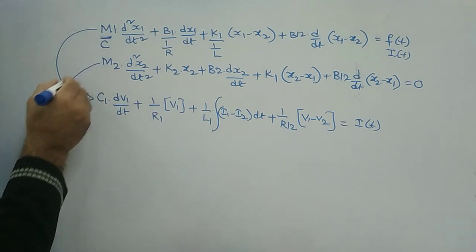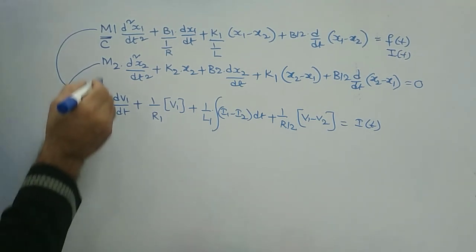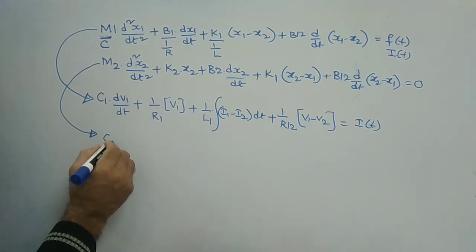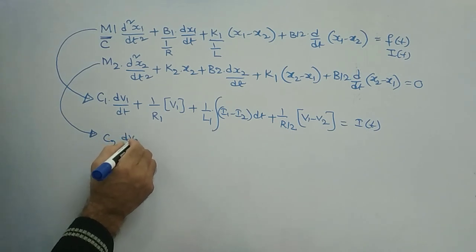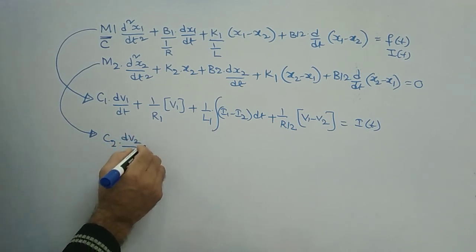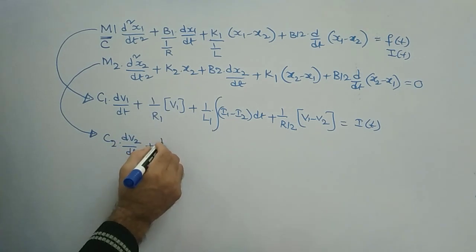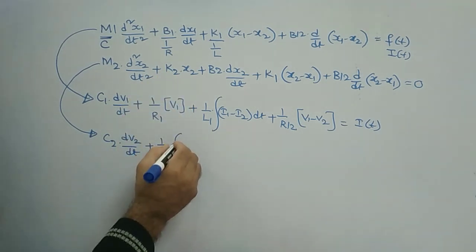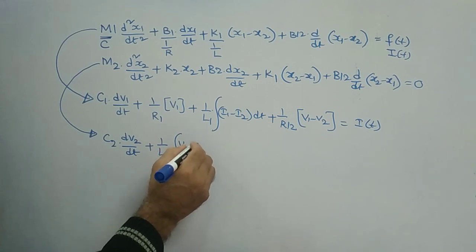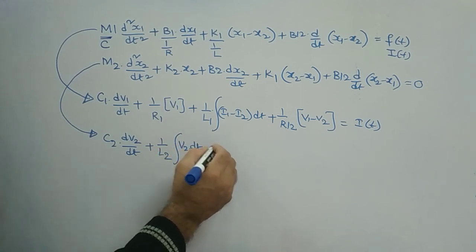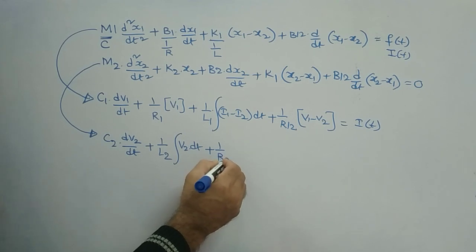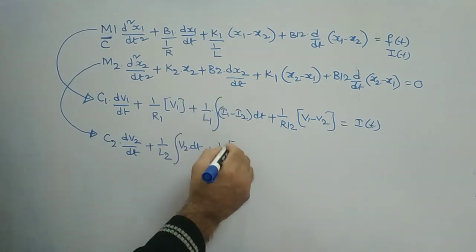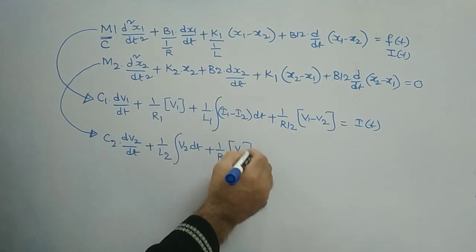Similarly, how does the second equation become? It becomes C2 into dV2 by dt plus K2, where K2 is nothing but 1 by L2, times the integral of V2 dt. Clear? Plus B2, nothing but 1 by R2, times V2.